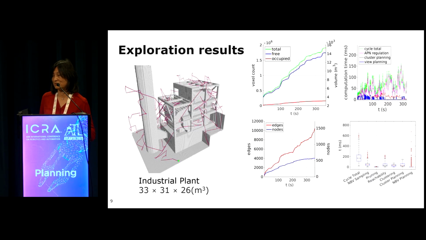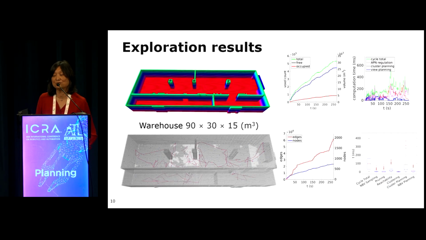That achieved the scalability for different environments, even very large ones like the warehouse, 90 meters by 30 meters in area, and can be done very efficiently in just a few minutes.